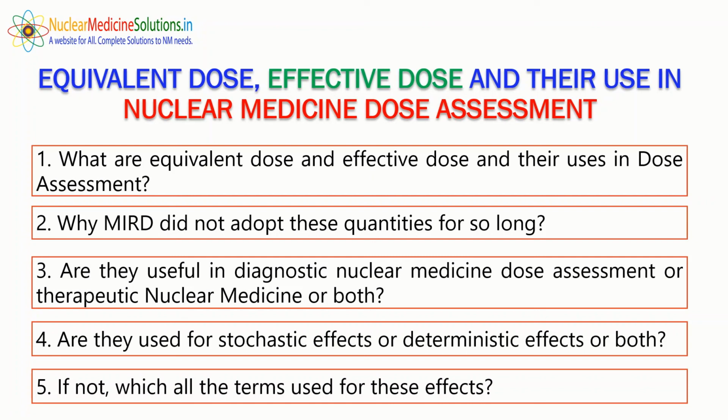That we are going to find out. We are going to find the answer for: are they useful in diagnostic nuclear medicine dose assessment or therapeutic nuclear medicine dose assessment, or are they used for both? Are they used for stochastic effect or deterministic effect, or for both? And if not, which are the terms used for these effects?